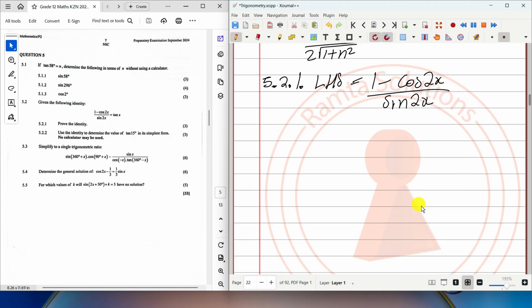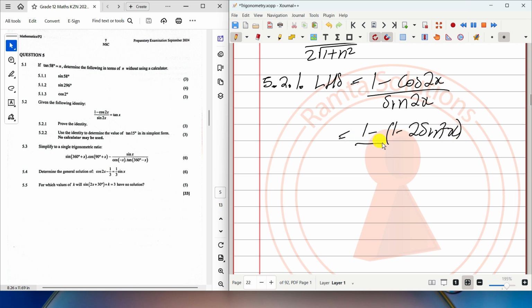Interesting. With what I am seeing, we will need to manipulate the cos 2x. Remember, one of the forms is that it is equal to cos square x minus sine square x, or 2 cos square x minus 1, or 1 minus 2 sine square x. So let's take the 1 minus 2 sine square x.